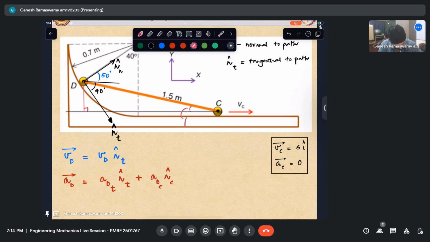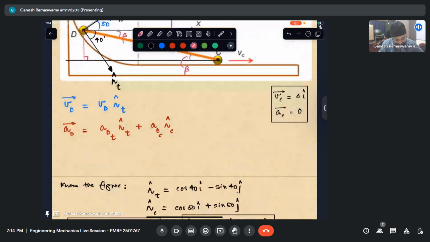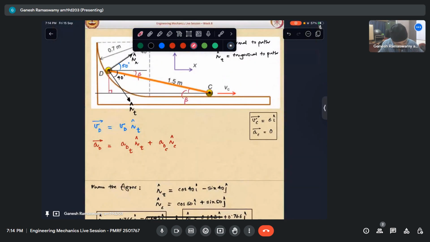In such a case, I can see that this angle is also beta. Now can I write what beta is? So from this figure, if I write sine beta, it is nothing but this distance divided by 1.5. So what is this distance? It's nothing but 0.7.